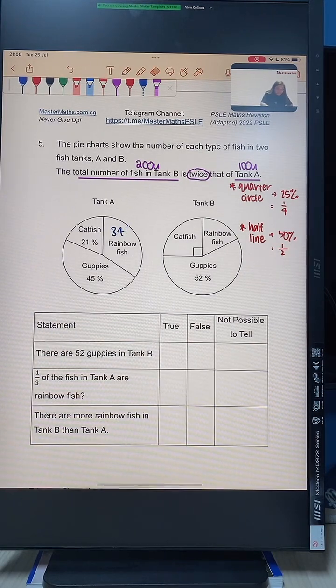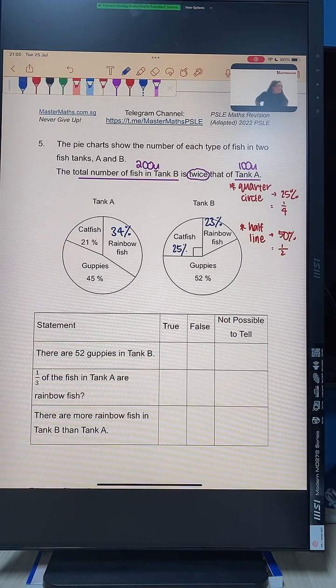Agree? 34%. 100 minus 45 minus 21, because total is 100. Got it? And then on the other side, we see the quarter circle, so straight away we can write 25%. So rainbow fish will get 23% after subtracting. Very good. For those of you who have typed out the entire equation, appreciate your efforts. You guys are right. Okay, good job.